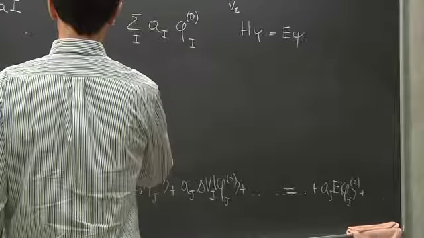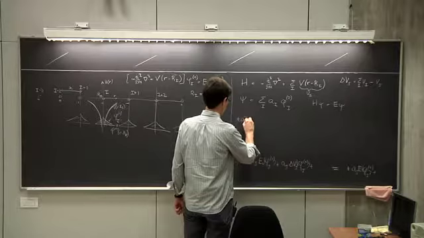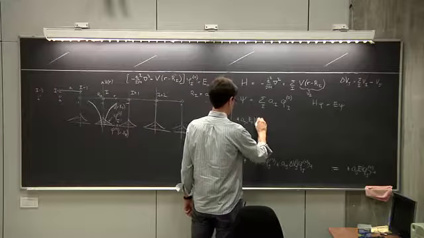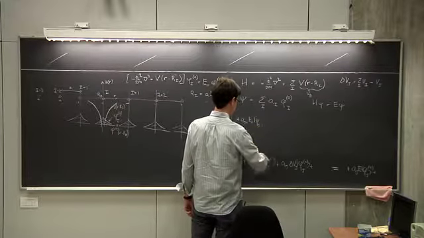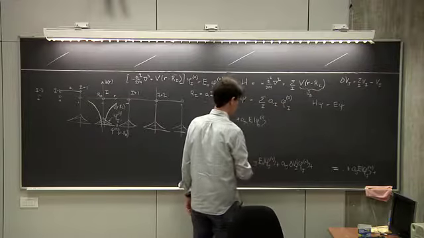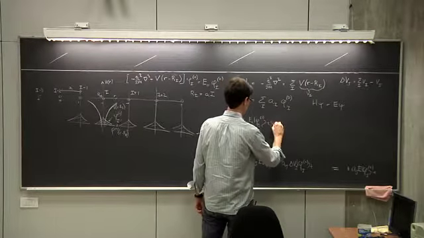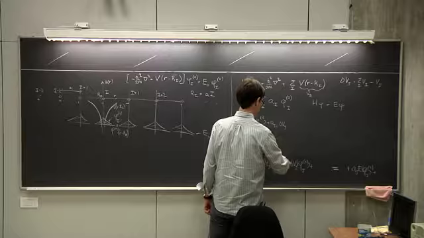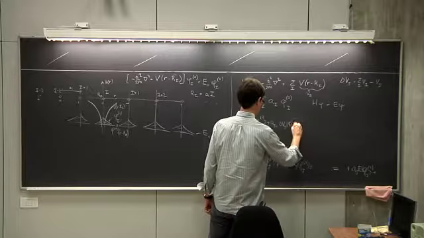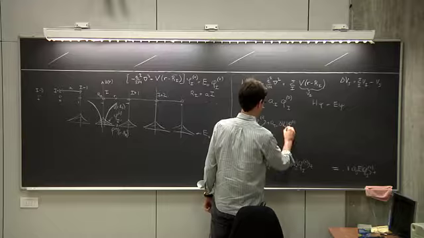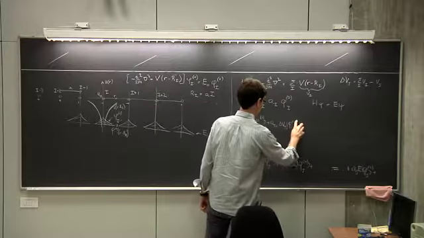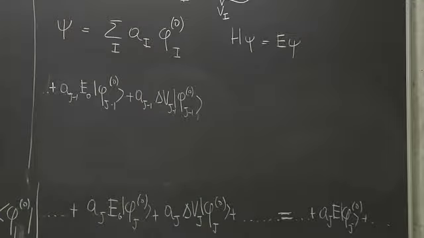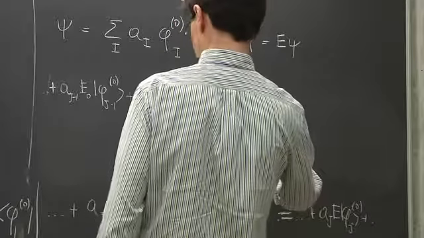So the term on the left side will be simply a j minus 1 E naught phi j minus 1, plus, minus 1 minus 1. Plus, there will be the term with j.